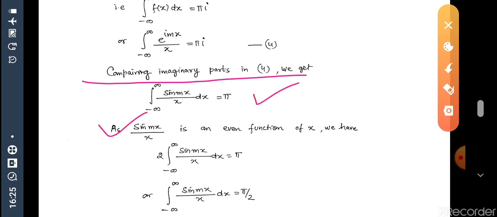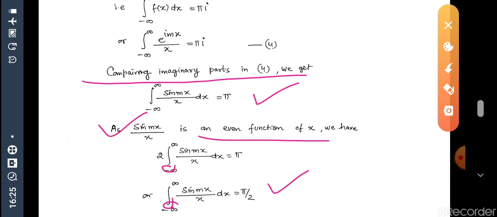Because sin mx upon x is an even function, by the property of definite integration, the integration becomes 2 times the integral from 0 to infinity of sin mx upon x dx equals pi, or the integral from 0 to infinity of sin mx upon x dx equals pi by 2.